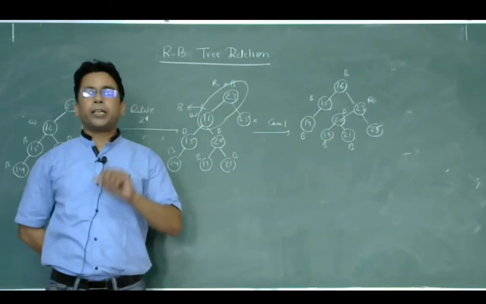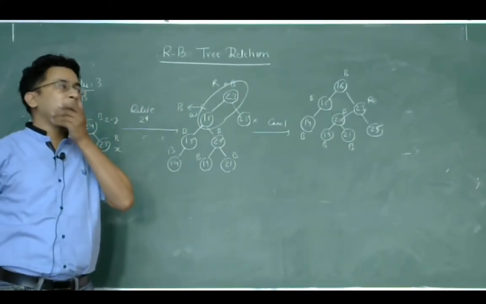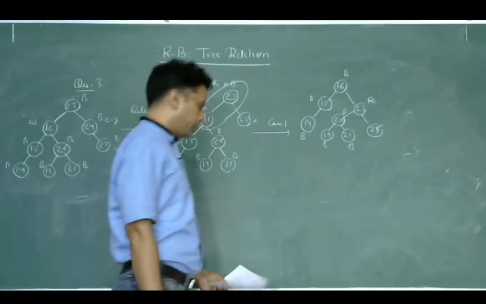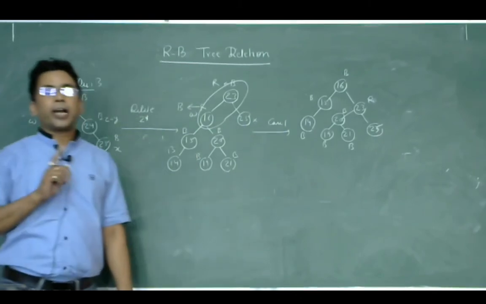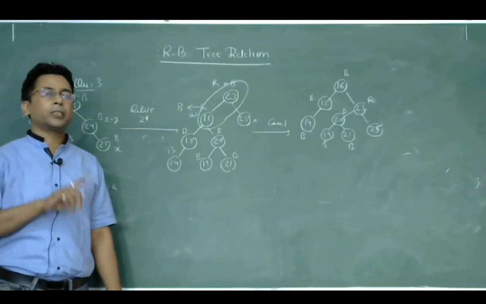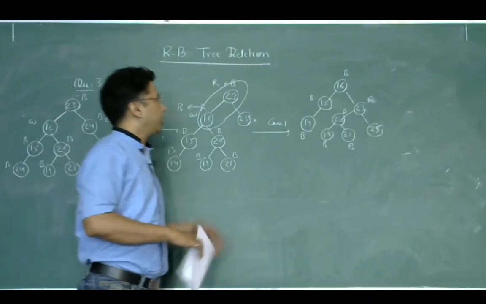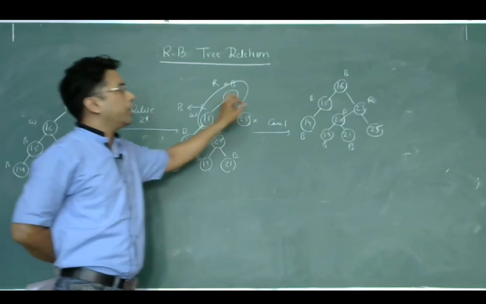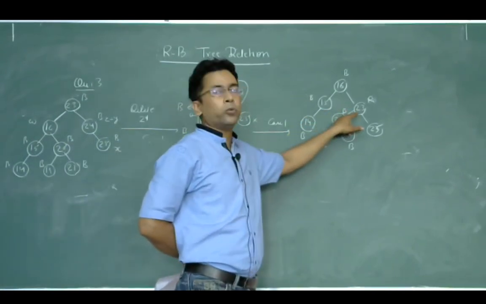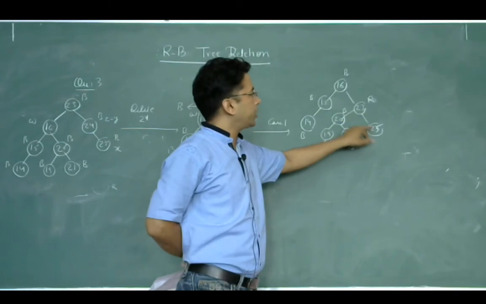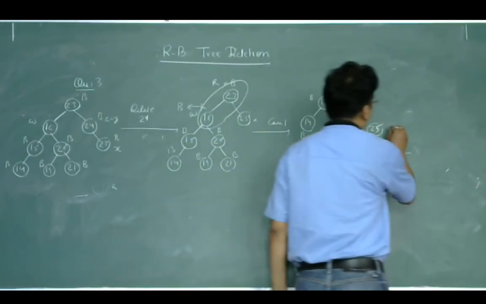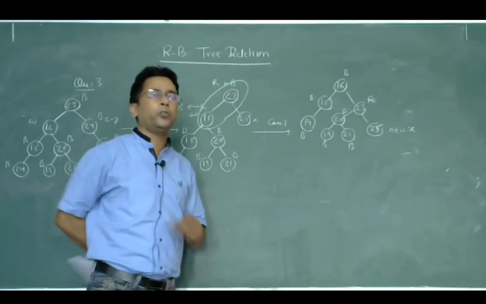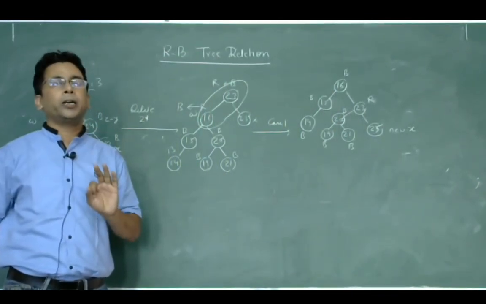Now the next line is important: after every case you will find the position of the new value of X. The parent's right child will become the new value of X. Initially the parent was 23, so the parent's right child, 25, will become the new X. In each case you will find the new value of X until X becomes red color.